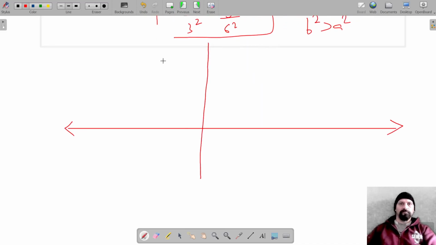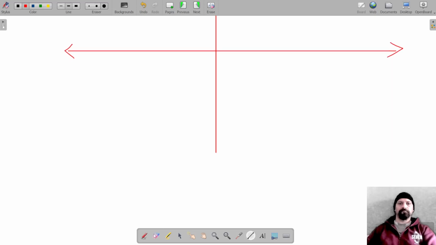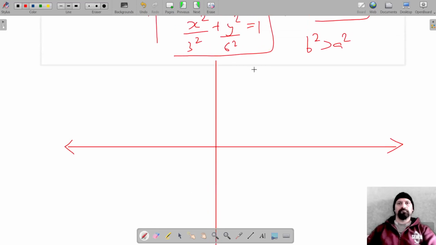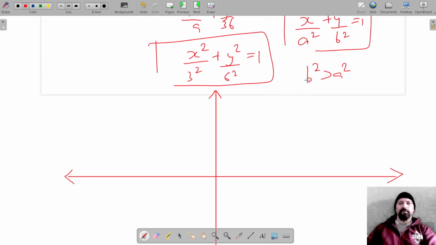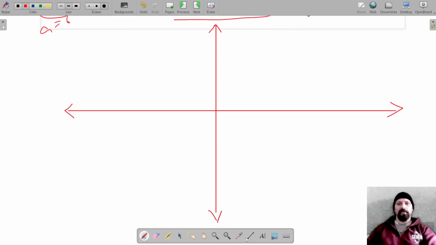So let me show you how. Here b is 6. If we compare these equations, b is equal to 6 which is the semi-major axis, and because b is greater than a, that means our ellipse has its major axis on the y-axis.